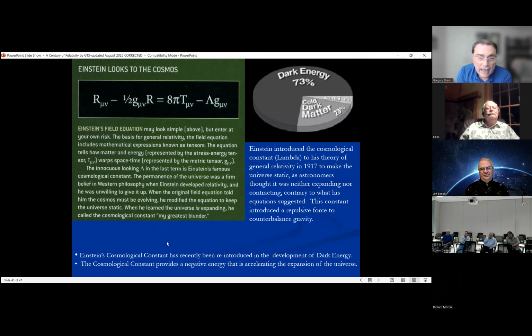But you know what? Now scientists have discovered dark energy is actually accelerating the expansion of the universe. So he called it his greatest blunder, but now they're using lambda in Einstein's equations to explain dark energy. Isn't that cool? So Einstein was right again.